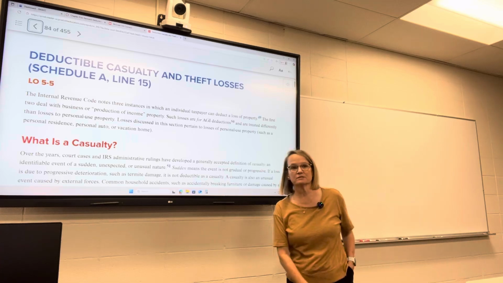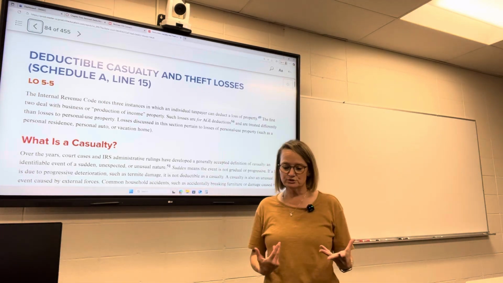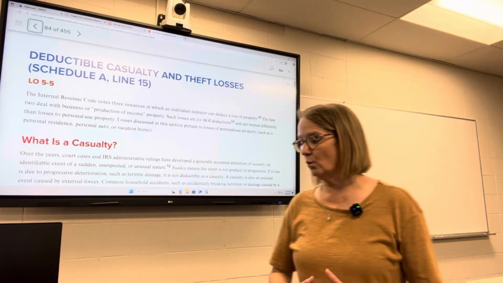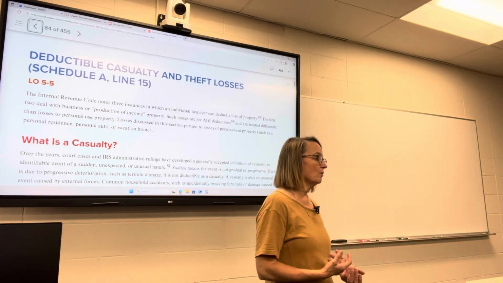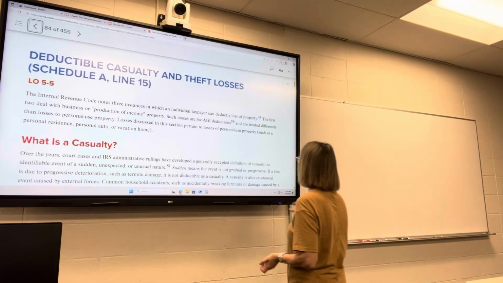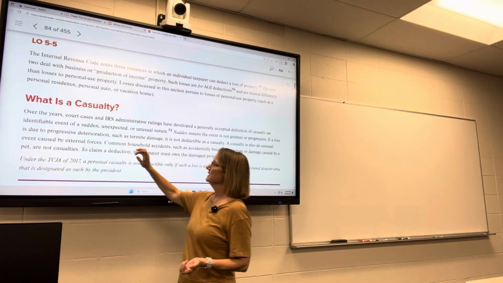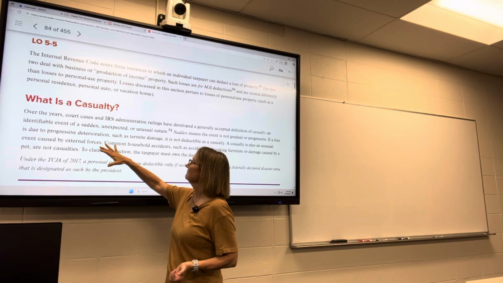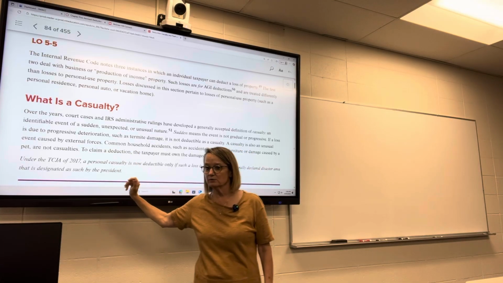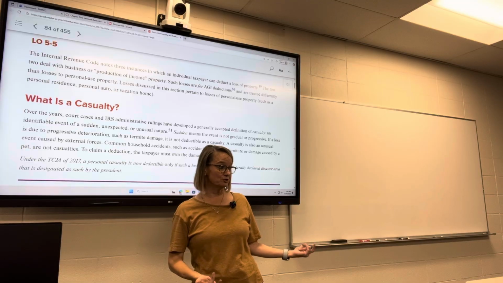Most people think of casualty events, so something where maybe your home was destroyed because of some natural disaster, or because of a fire or an earthquake, something of that nature. Now, it can get a little bit weird because some of those things, even though they may be sudden and unexpected, you weren't expecting to have a hurricane hit you, they may not be unusual in nature.